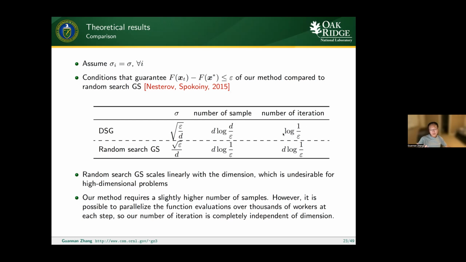So even though our method asks for more samples or function evaluations, all the function evaluations within each iteration can be parallelized. So if you have a bigger computer, then our method is really efficient.